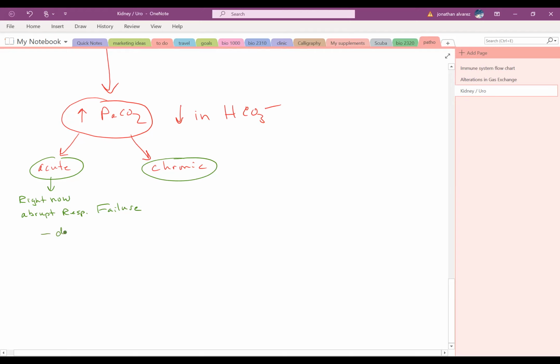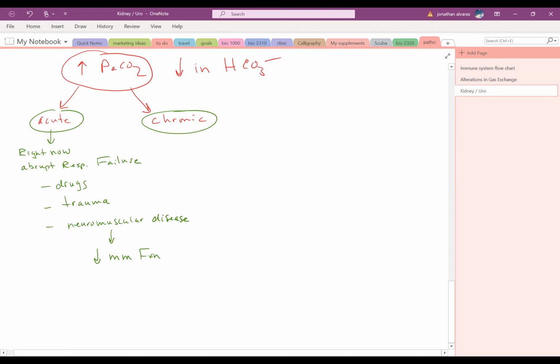It has to do with drug overdose, trauma, other things like neuromuscular disease, and the neuromuscular disease decreases muscle function, and muscles are a big part of breathing, right? Diaphragm, intercostals.